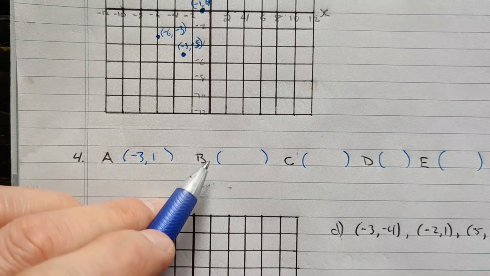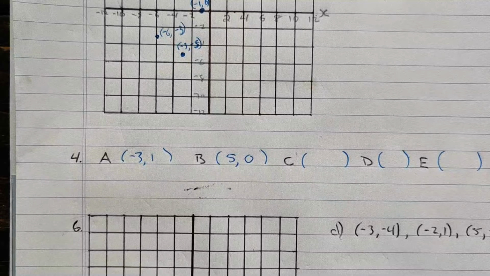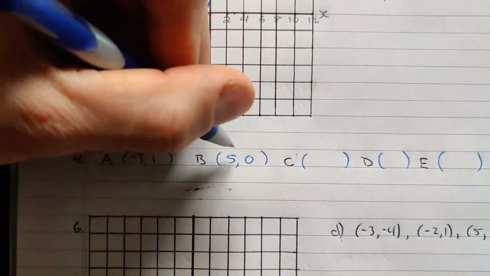The B value is at 5 along the x-axis, and then it doesn't go up or down from the 0, so it's 0 on the y-axis. So the coordinate is 5, 0. And so that looks like this here.